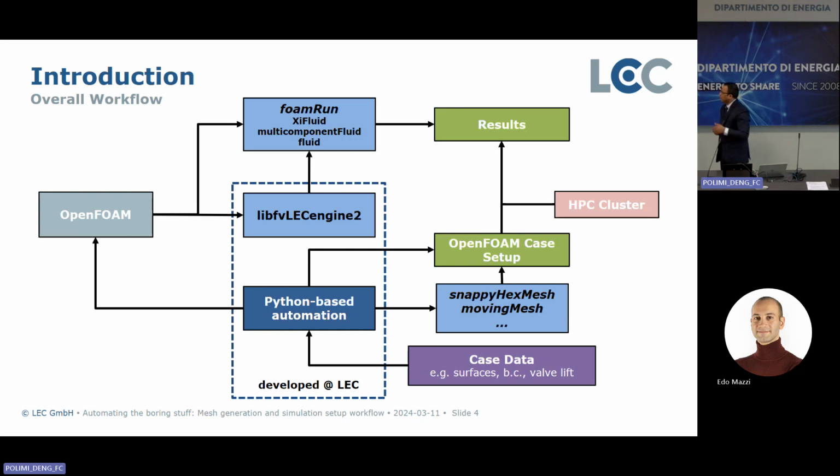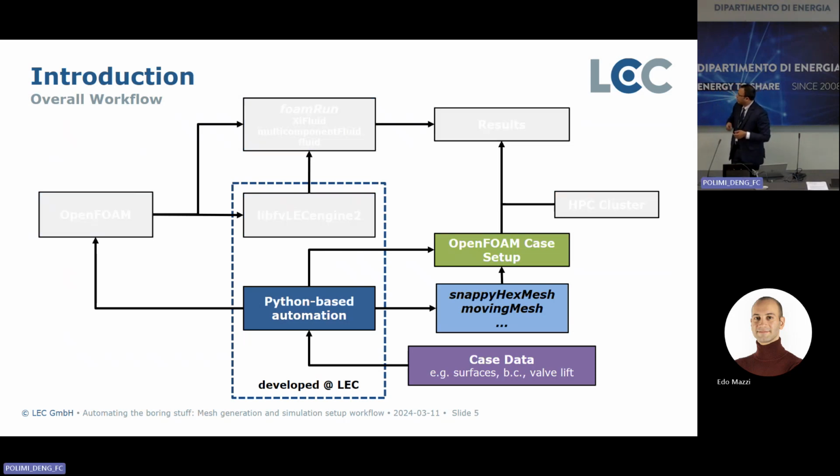This uses OpenFOAM functions, for example snappyHexMesh or moving mesh, which generates a set of files for the OpenFOAM case, which then runs, and then we finally get the results. Today we are going to focus on this part, which is automating the simulation up to the point where we get a working simulation.